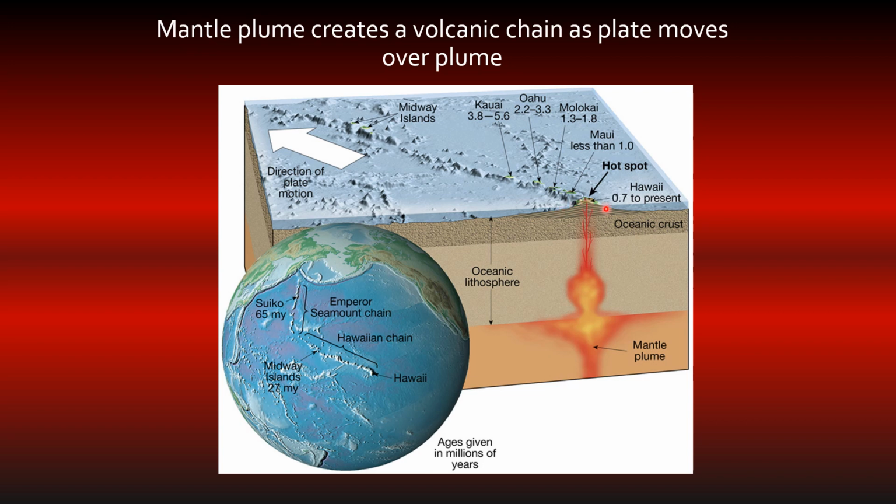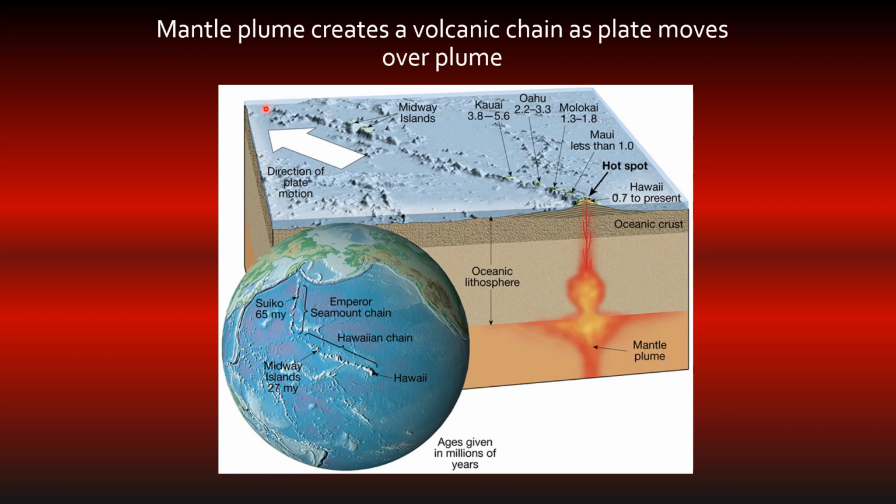As that continues over thousands, hundreds of thousands, millions of years, it builds up and builds up and builds up, and eventually it pops up out of the ocean, continuing to erupt and becomes a volcanic island. Now you'll notice the plate direction is this way. So imagine this is your crust and it's moving in this direction.